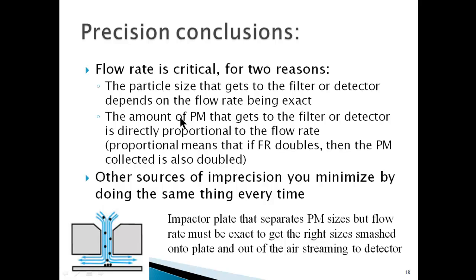And then the amount of particulate matter that gets to the filter or the detector is directly proportional to the flow rate. Proportional means that if the flow rate doubles, then the particulate matter collected is also doubled. So, if you think you're sampling at 5 liters per minute, but you're really sampling at 10 liters per minute, then you're going to get twice as much PM, not thinking about the particle size, but just twice as much PM on that filter than if you really were sampling at 5 liters per minute. So the flow rate is really critical.